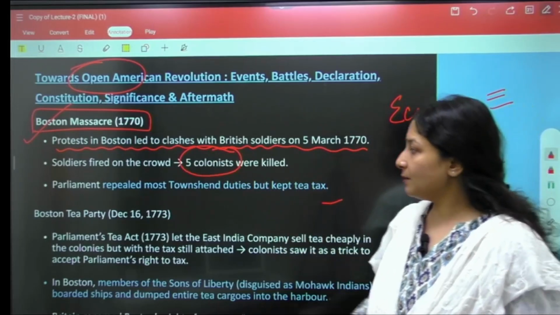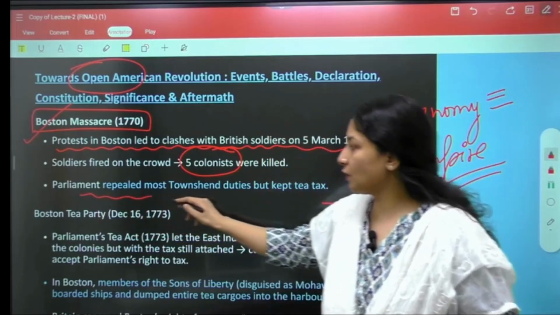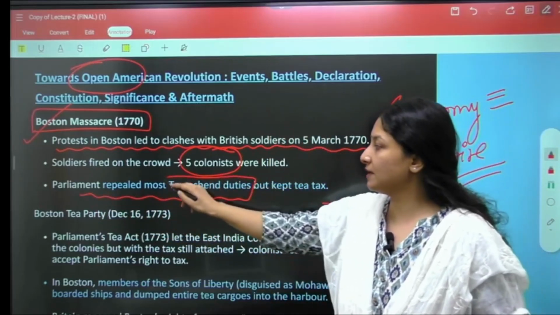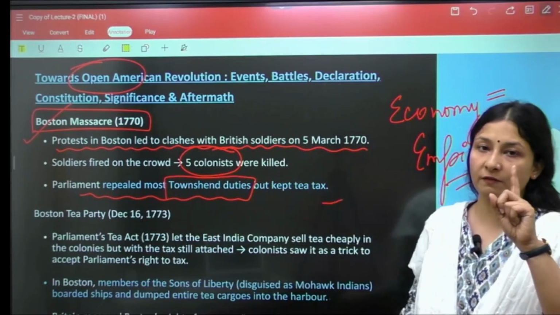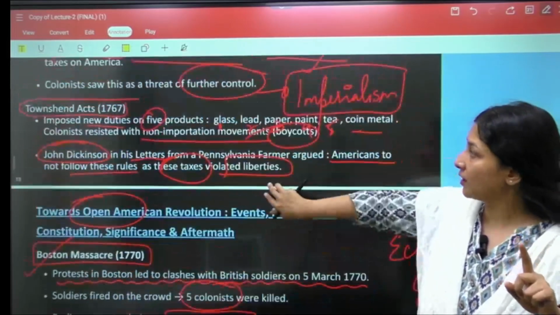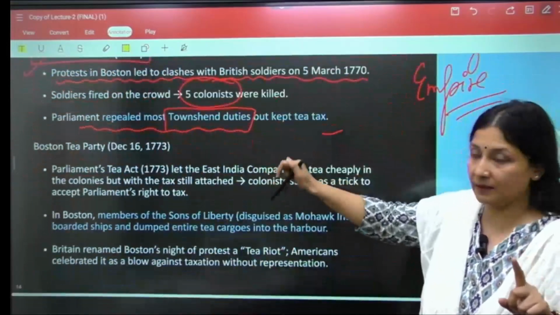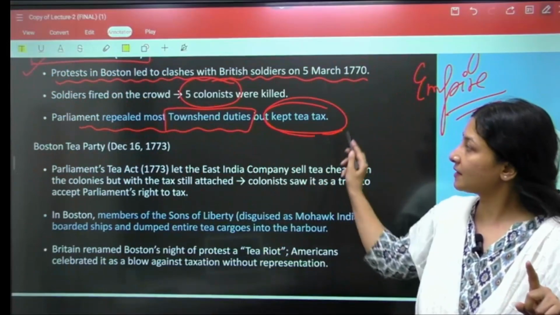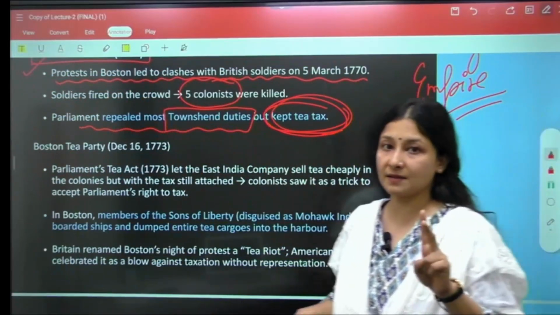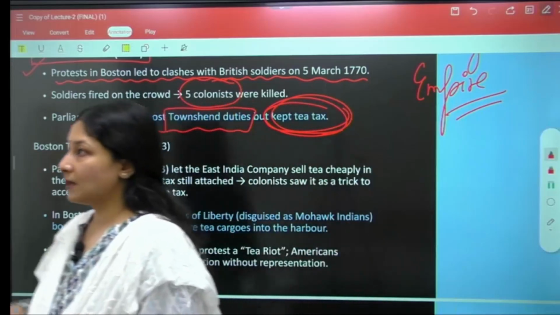Parliament repealed most of these Townshend duties. What were these? We saw above: lead, glass, paper, paint, but it kept the tea tax. It kept the tea tax.